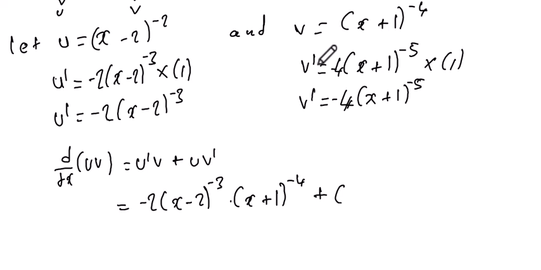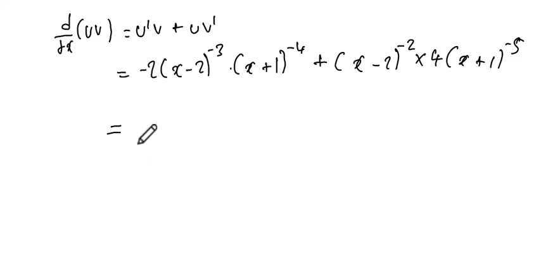So our u is x minus 2 to the power negative 2, multiplied by 4 to the power open bracket x plus 1 to the power negative 5. Okay, so basically this is what we are doing.